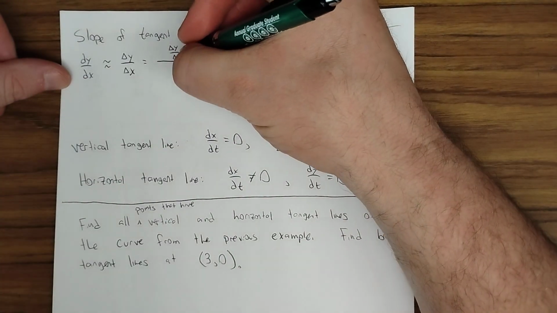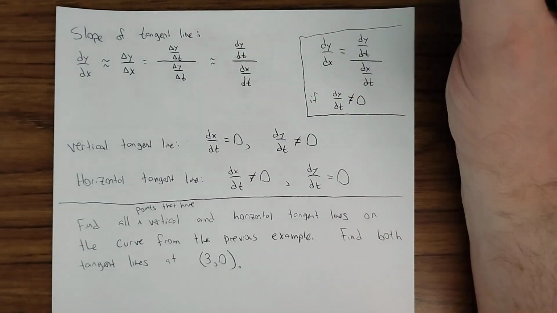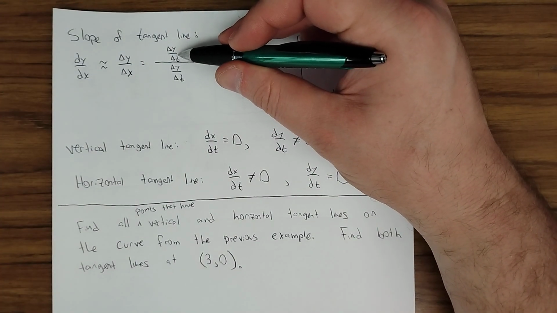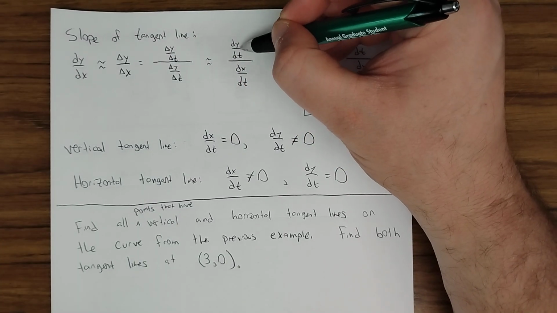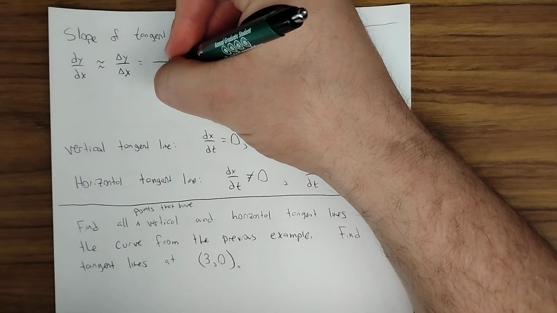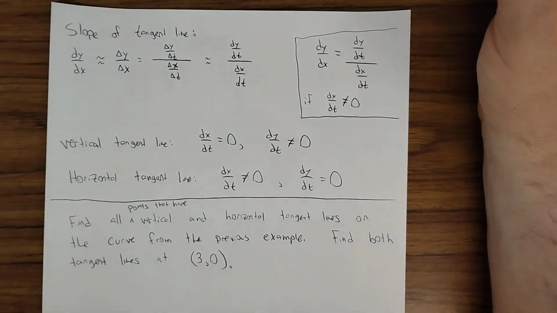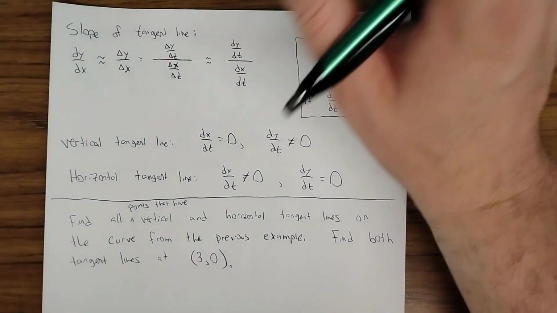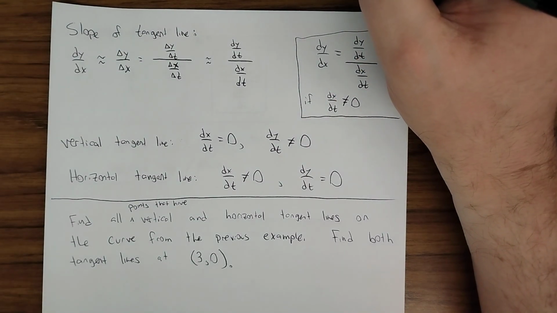And of course, this thing on top is approximately, in the limit for very small values of delta t and delta y, dy over dt. And then the bottom is dx over dt. And these approximations are equal in the limit, when you take the limit as delta t goes to 0.